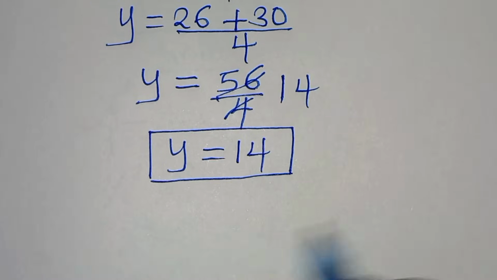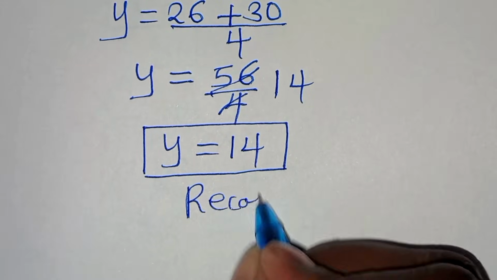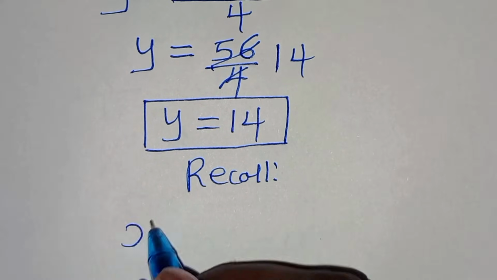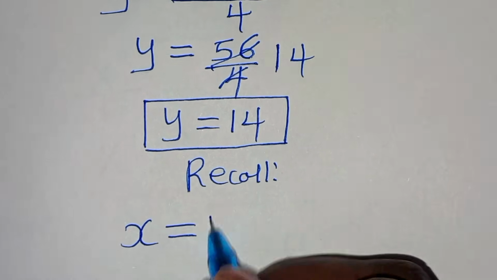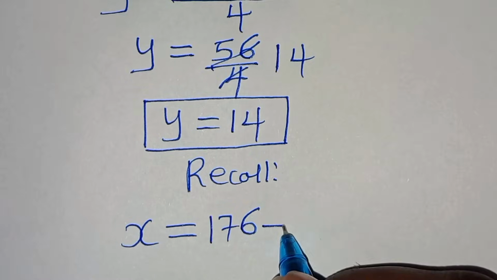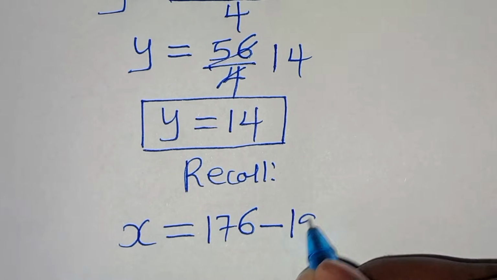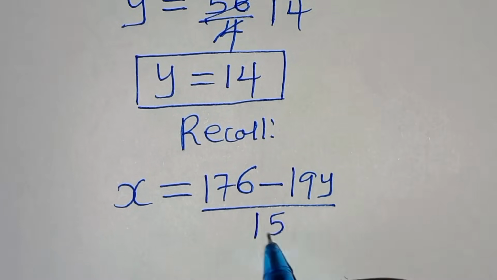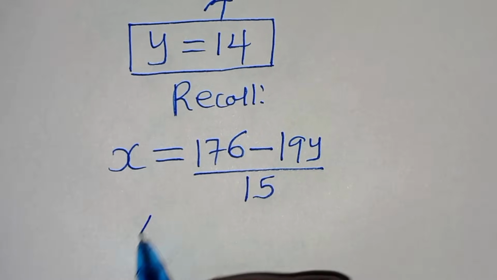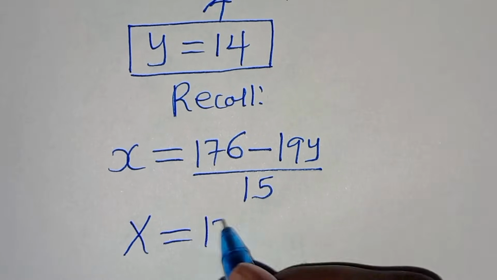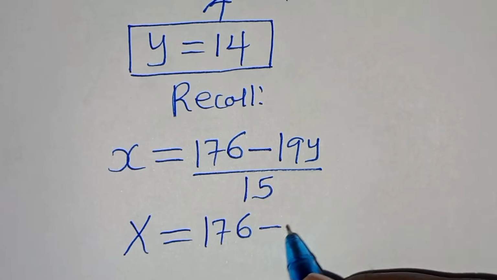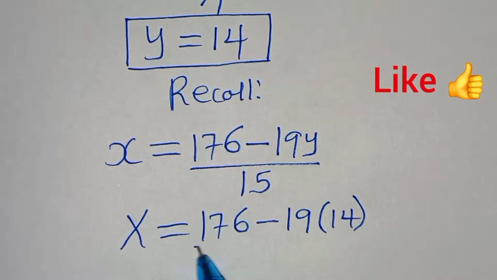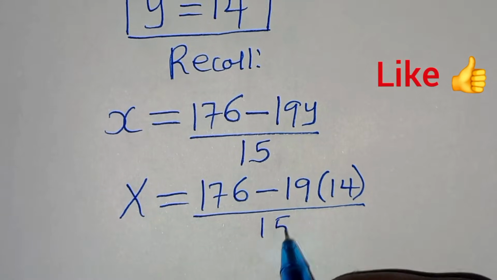Now, again, if you recall, we are saying that x is equal to 176 subtract 19 multiplied by y, divided by 15. So that now the value of x will be equal to 176 subtract 19 multiplied by y, which is 14, everything here divided by 15.